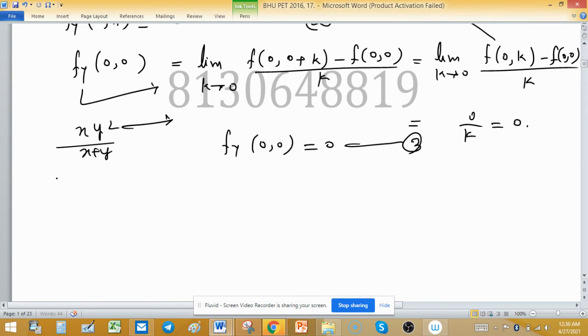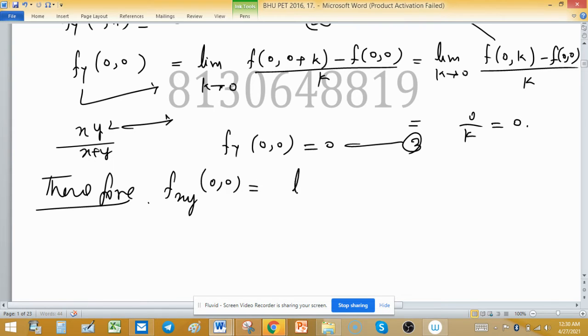So use equation 1, therefore f_xy at (0,0) is equal to the limit as h tends to 0.